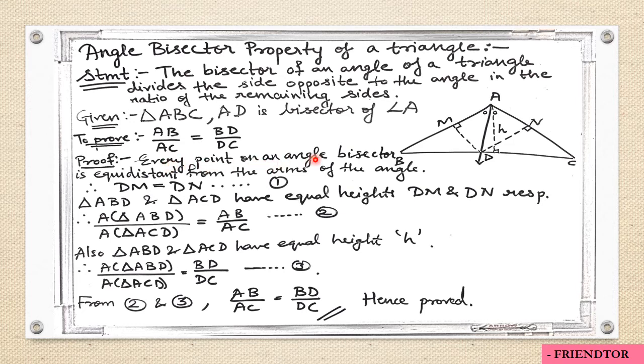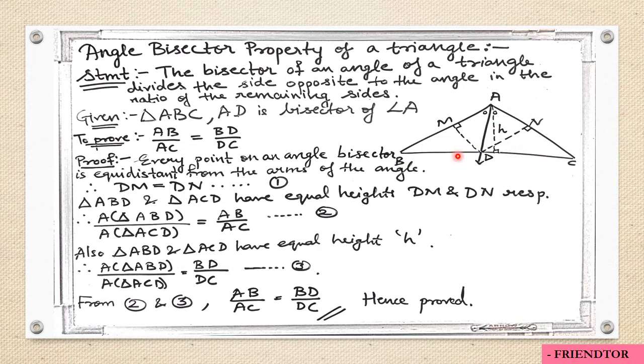Every point on an angle bisector is equidistant from the arms of the angle. Okay, this is that property we just mentioned in the previous slide. So using this property we can say DM is equal to DN. Okay, this is our first point. Now in triangle ABD and triangle ACD, for ABD DM is the height and for ACD DN is the height, and they both have equal heights from point 1.